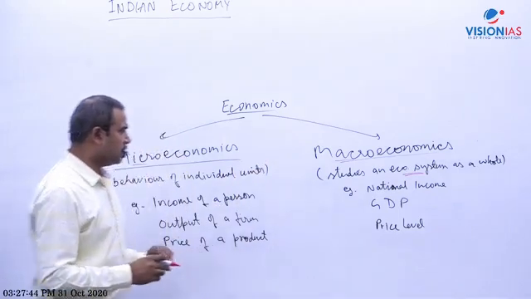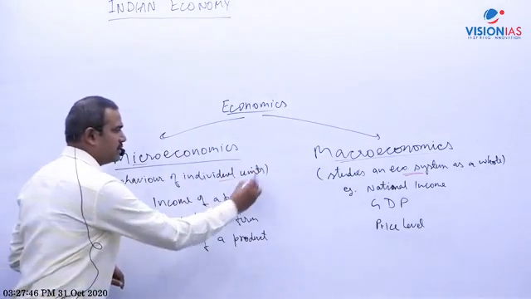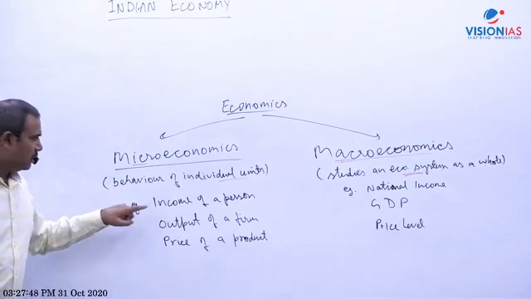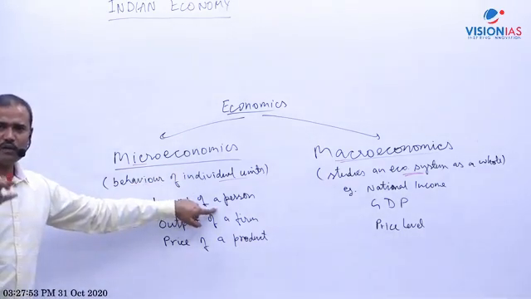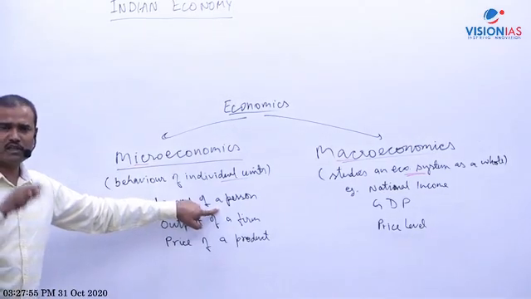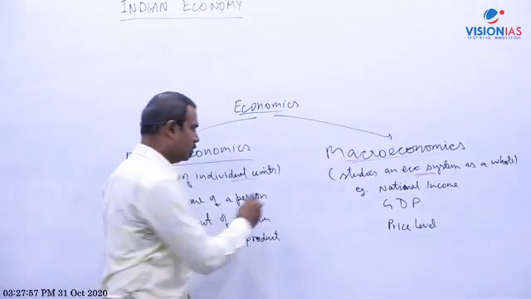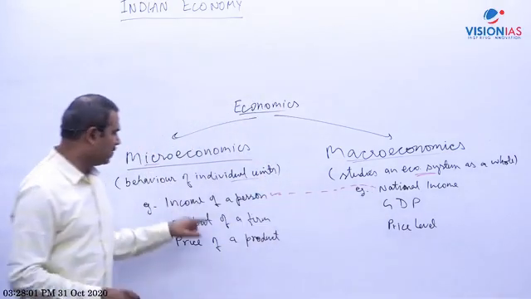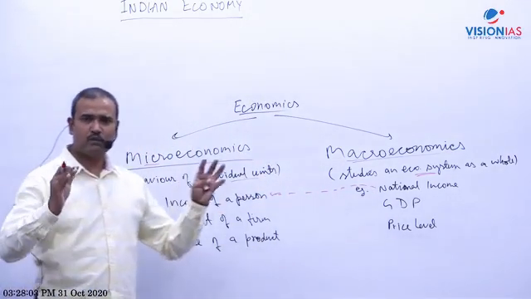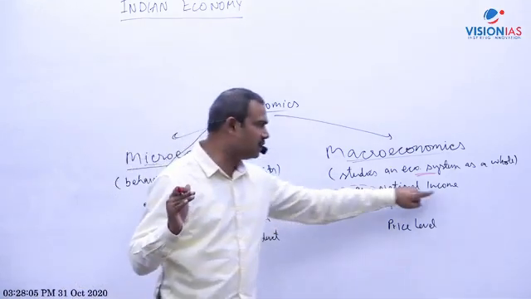Now you can see, in micro, individual units are studied. Just make a comparison: income of a person. When you add up the income of all people of a country, all nationals, you get national income. Got the point? Here we study the income of one person, and when we add up the income of all nationals we get national income. Clear?